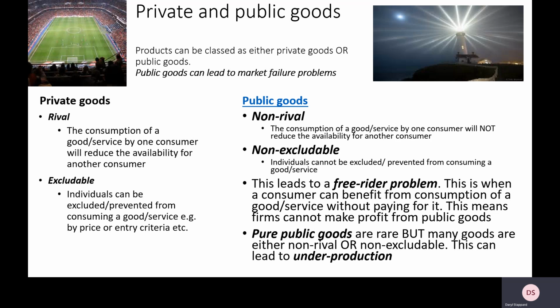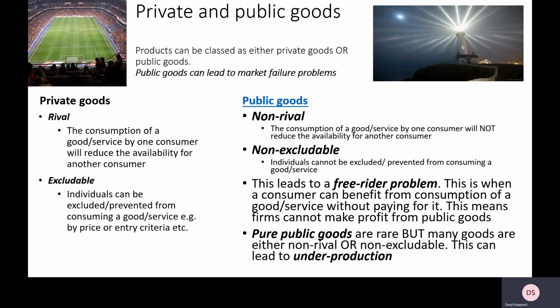Excludable: individuals can be excluded, prevented from consuming a good or a service, for example by price or entry criteria. Now look at the photograph in the top left-hand picture on this slide. You've got here a football stadium. A football stadium is a private good.